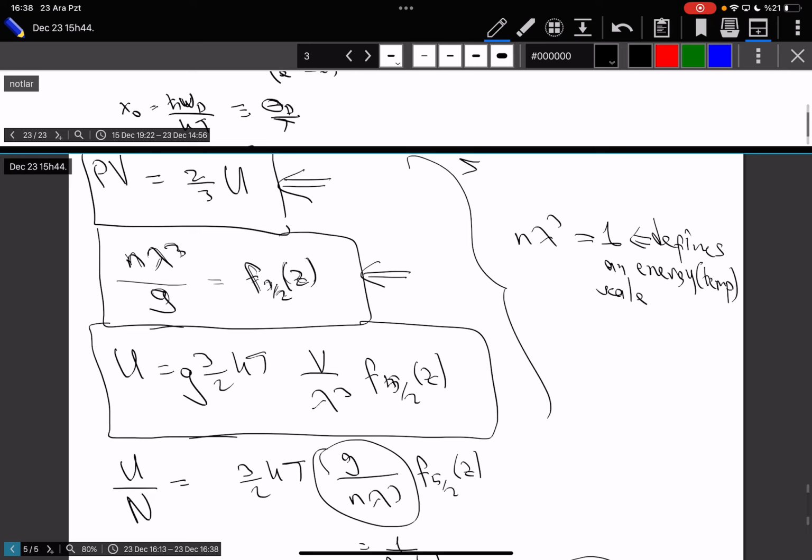At the same time, epsilon Fermi is another energy scale. It seems that we have 2 different energy scales, but maybe they are related somehow. They might be the same energy scale. We didn't look at that yet. We will see that.